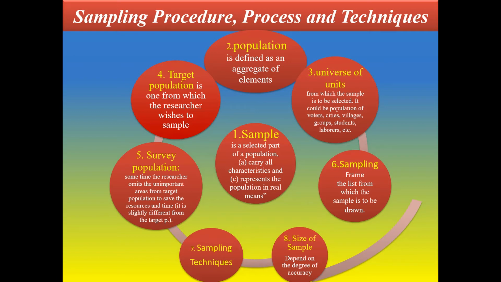So it could be a population of voters, cities, villages, groups, students, laborers, teachers, etc. This is called the universe of units from where the scholar can draw a sample.